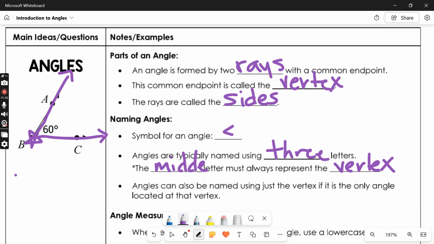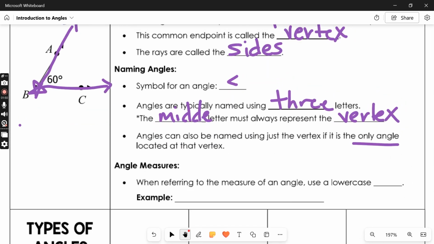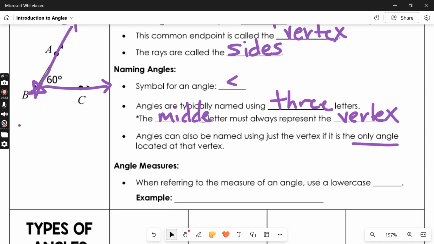Angles can also be named using just the vertex if it is the only angle located at that vertex. Okay. When referring to the measure of an angle, we use a lowercase m.